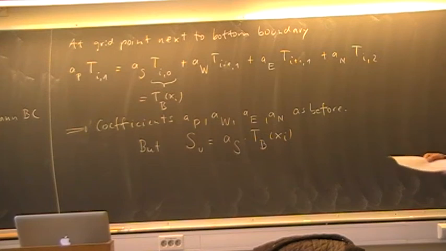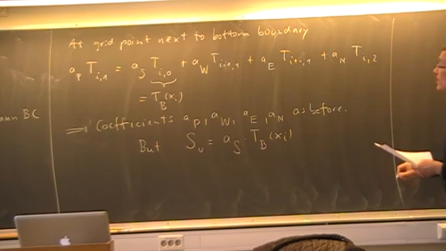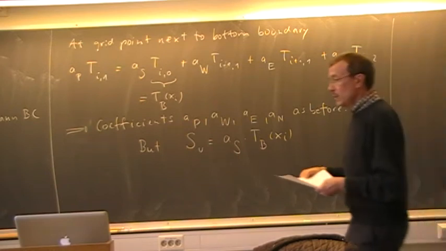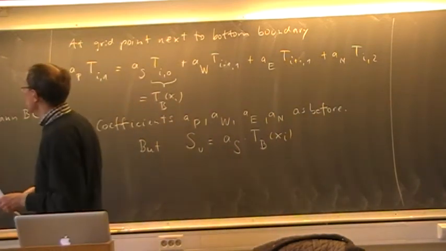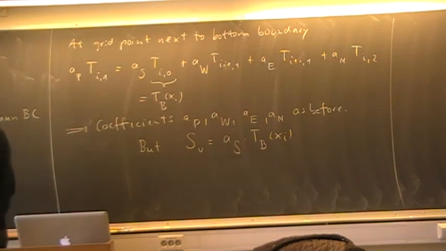Okay, so that is near the bottom boundary. And now the more interesting point is the top boundary. If we are here, then we have to determine there the T i, in my notation, Nj.